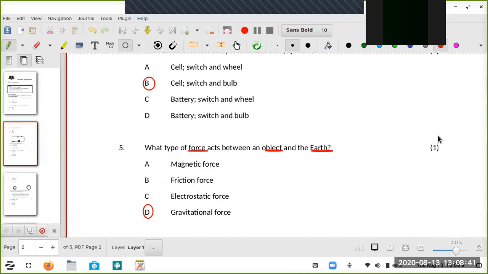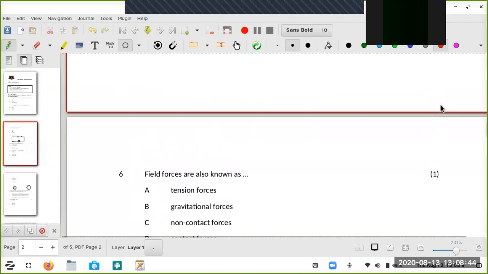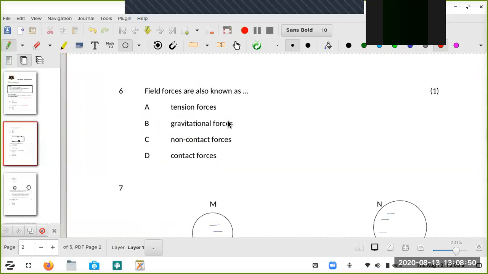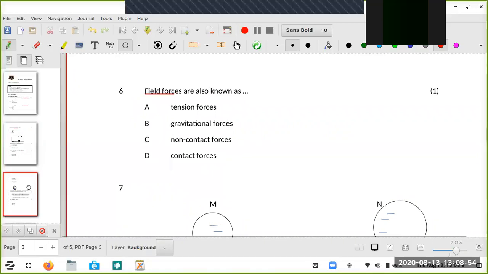Then number six, field forces, which means our key word or key part in the statement is field forces. Field forces are also known as, right? Now, if you check A, tension is a contact force.